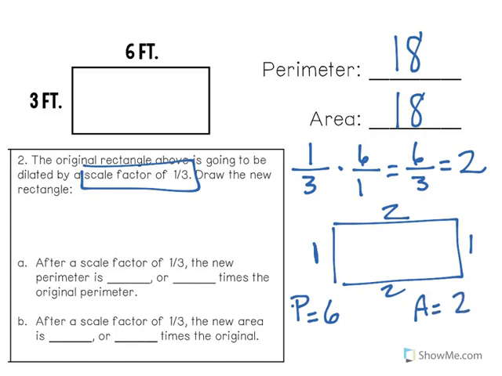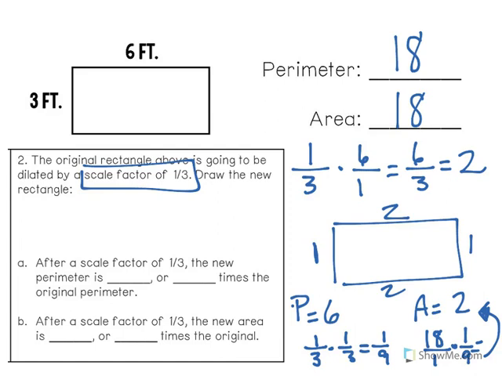Okay, but remember, 1/3 times 1/3 is 1/9. So if I take 18 over 1 and multiply it by 1/9, I also get 2.